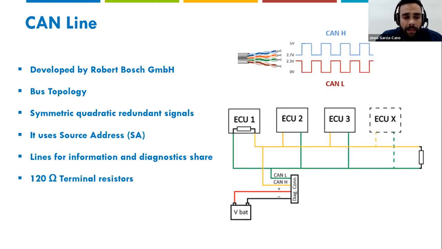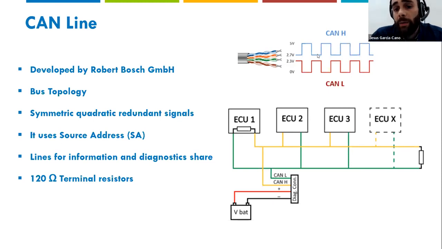The line is a symmetric, quadratic, redundant signal. Okay, we have two different lines, CAN high and CAN low. It's quadratic because the form of the signal is quadratic. The high side is 1 and the low side is 0 in binary.